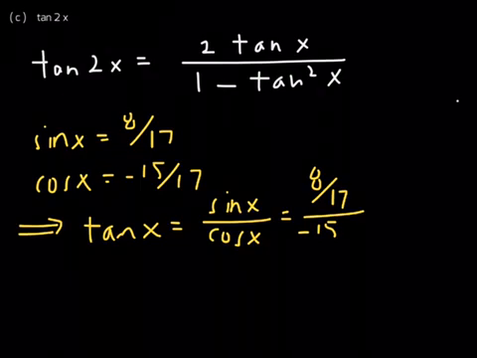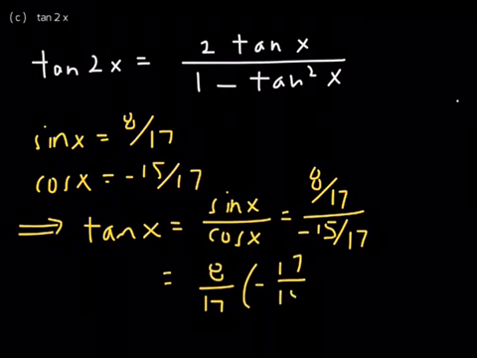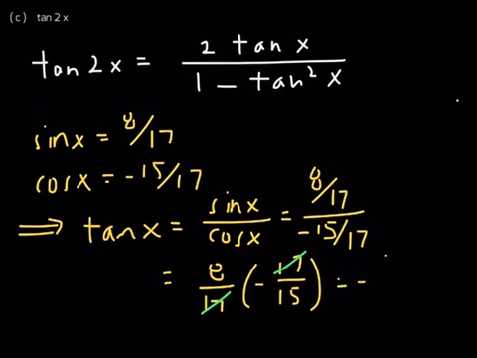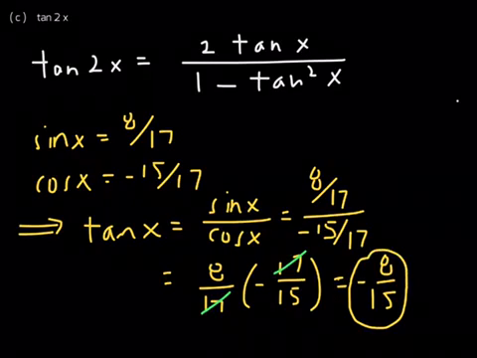Which is equal to 8/17 times negative 17/15, which gives us negative 8/15. So this is what tangent of x is equal to. I'm going to take this value for tangent of x, and I'm going to plug it into my identity, okay?